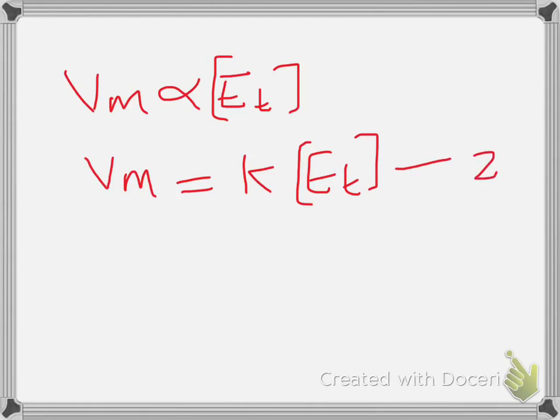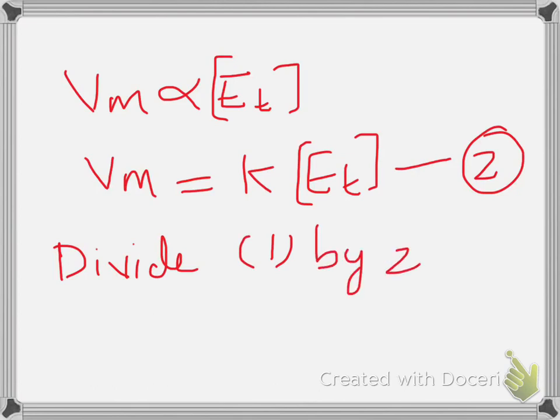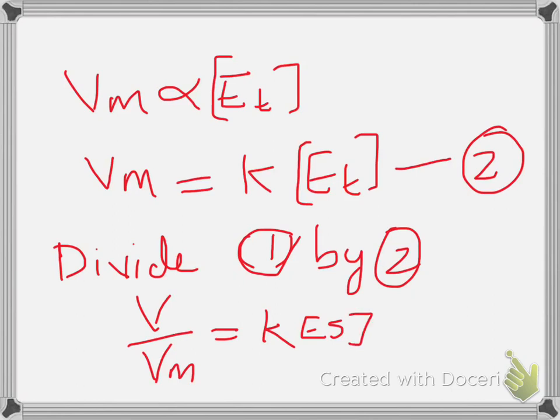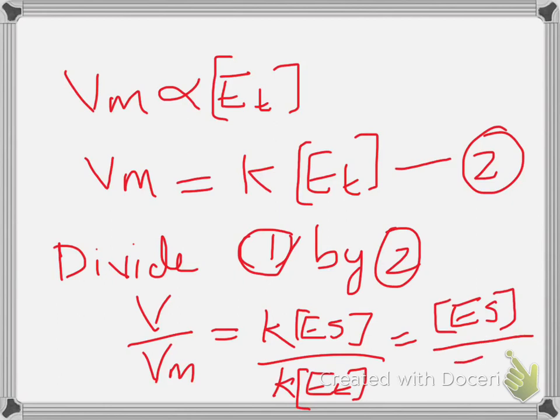Put this as equation 2. Now divide equation 1 by 2. So we get V by Vm equals K into ES by K into ET. By cancelling the K's, we get ES by ET. This we can write as equation 3.